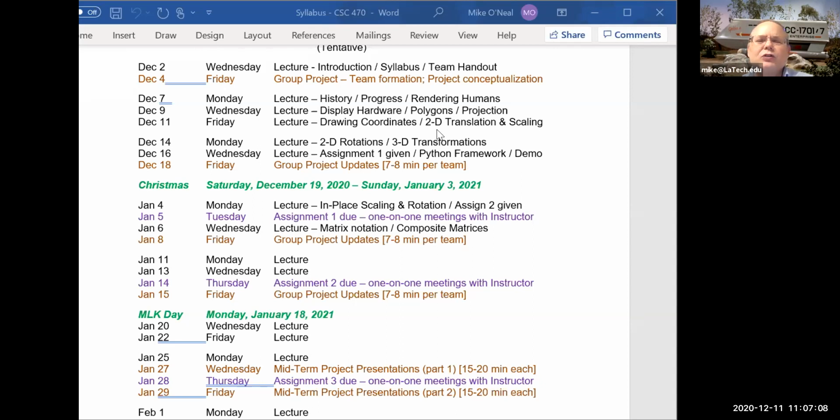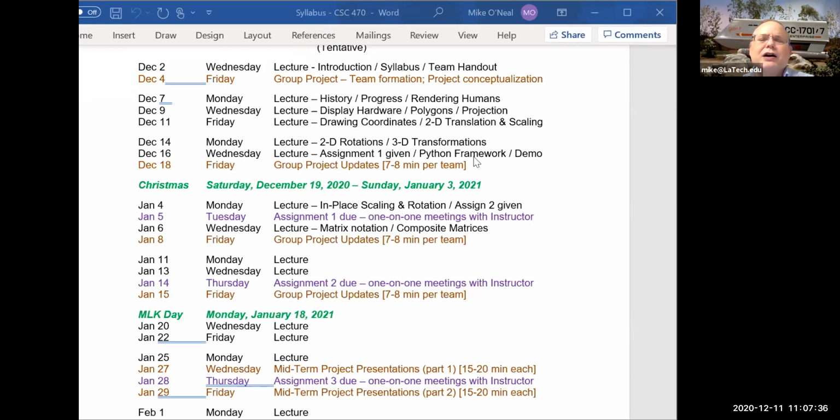One's called translation, one's called scaling, and one's called rotation. We're going to get through translation and scaling, and we may start on rotation, that's fine. Also this upcoming Monday, we'll talk about three-dimensional transformations, and at that point, you will have had everything you need for me to give you assignment 1.